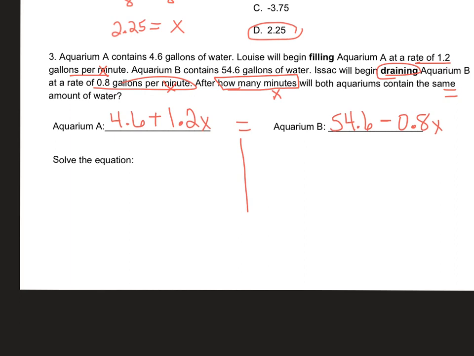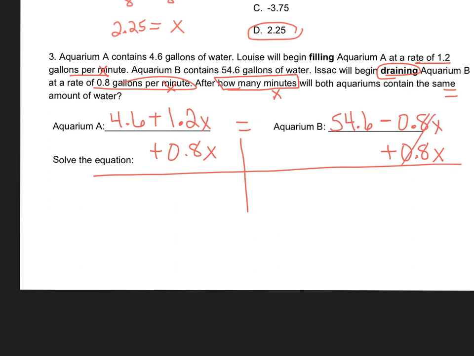So once again, let's go ahead and solve. We're going to start off by moving our variables over to one side. Remember, if I'm subtracting 0.8x, the inverse of that is to add 0.8x. What I do to one side, I do to the other. This forms 0 pairs.